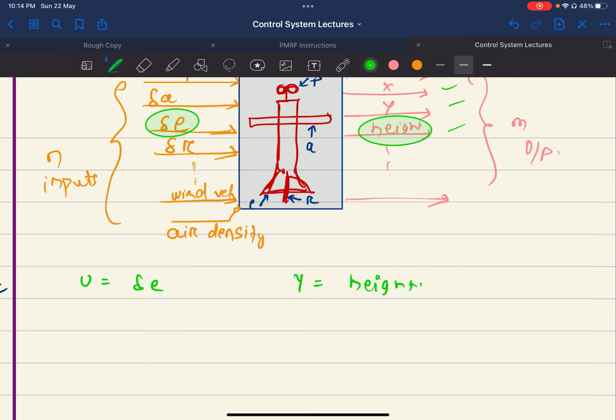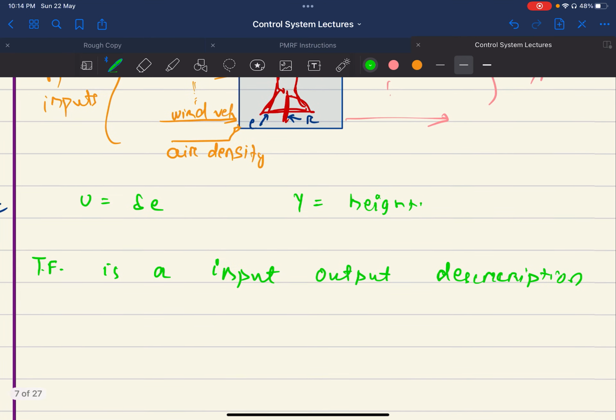So I can say the transfer function is just an input-output description. So how the given input u, delta e, has affected the height.